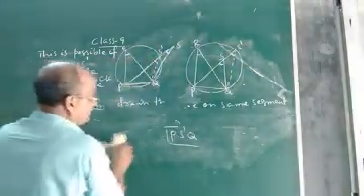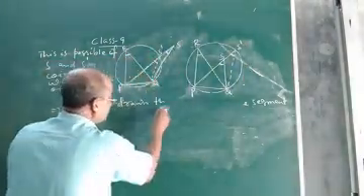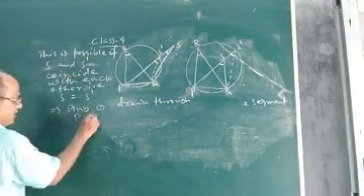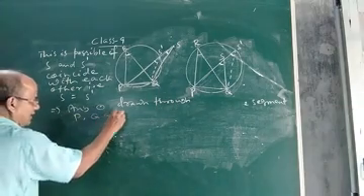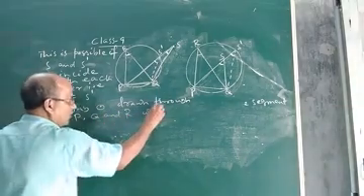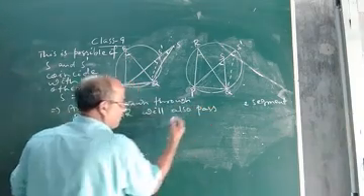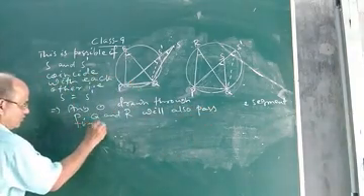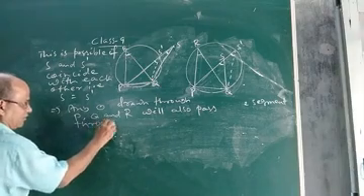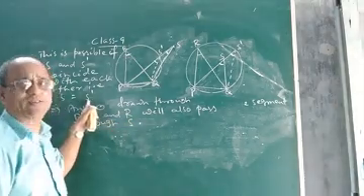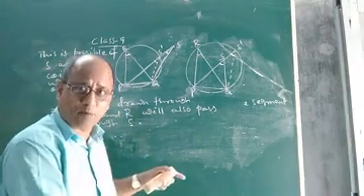So any circle drawn through points P, Q and R will also pass through point S. So you see, when S and S dash coincide, they become the same point.